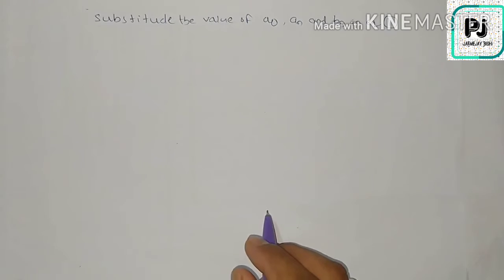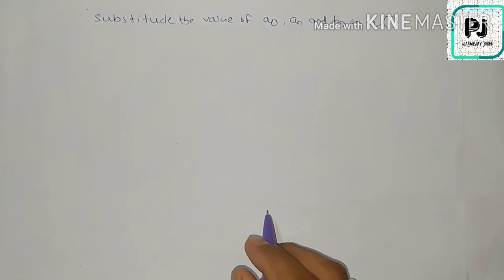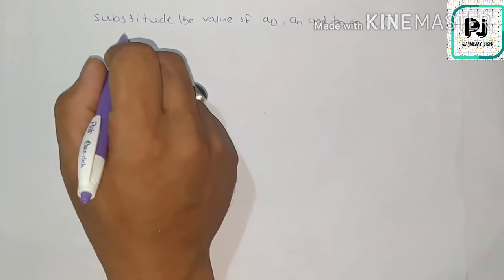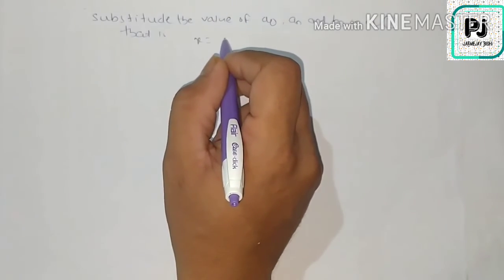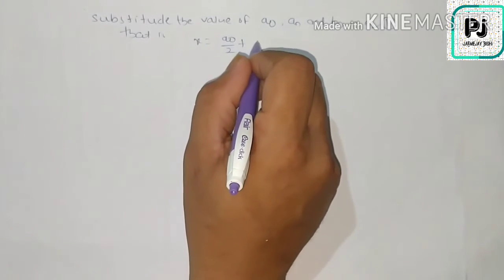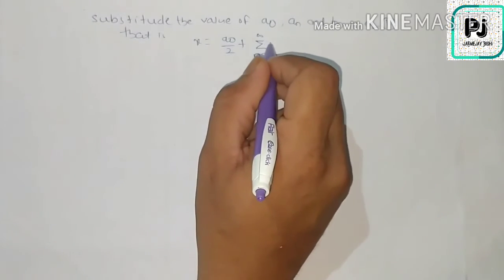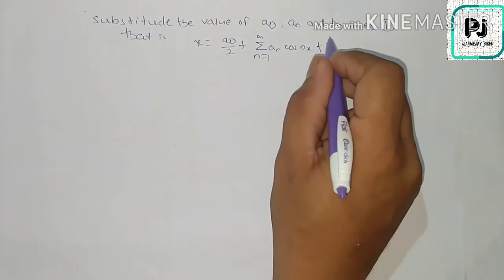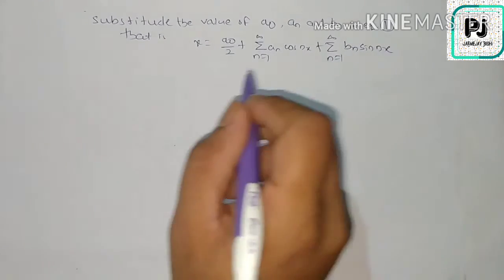The equation we have in equation 1 is x is equal to a0 by 2 plus summation n equal to 1 to infinity an cos nx plus summation n equal to 1 to infinity bn sin nx.